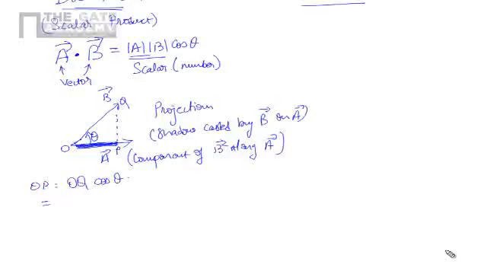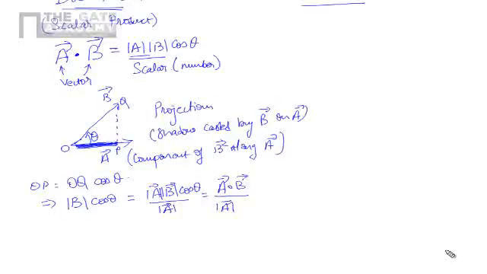Correct? That is nothing but mod B cos theta. Mod B cos theta is nothing but mod A mod B cos theta divided by mod A. That is nothing but A vector dot B vector divided by modulus of A vector.